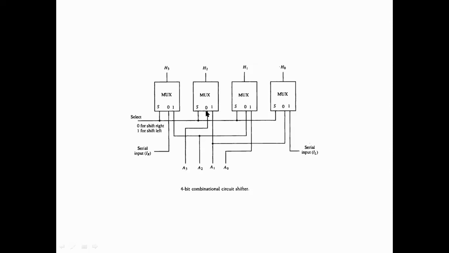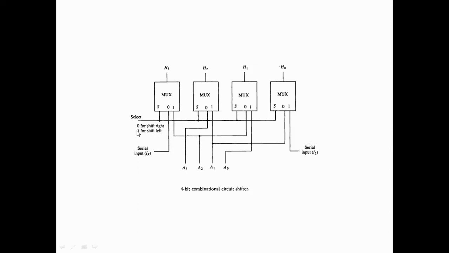A3 should go to this place, A2 will go to this, and A1 will go to this place. So this right shift can be easily done. We just have to put the select line as 0, and we get A3 here, A2 here, A1 here, and this empty space will be filled by a serial input.